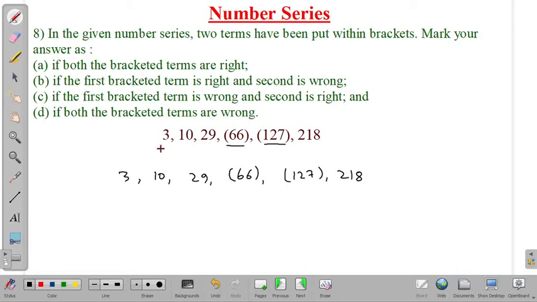Okay. So if we see here, see 218. It is nearby 6 raised to the power 3, that is 216. So if we add 2 to this, we get 218. Then the next correct term is 29.